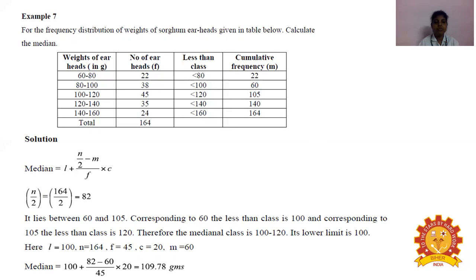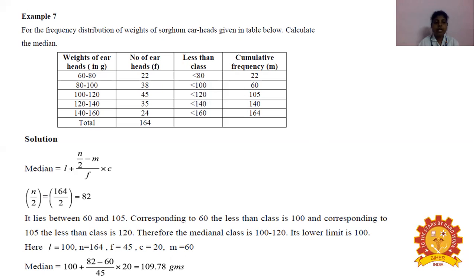Now come to the solution. First, write the formula for median: median equal to L plus (n by 2 minus m) divided by f into c. n by 2 equal to n is 164 divided by 2 equal to 82.